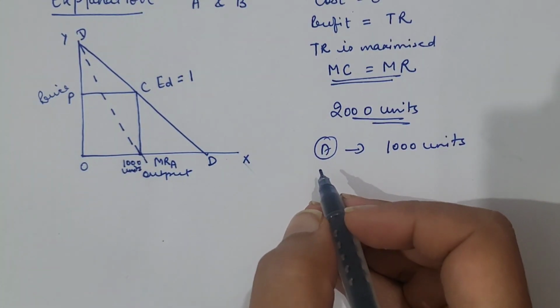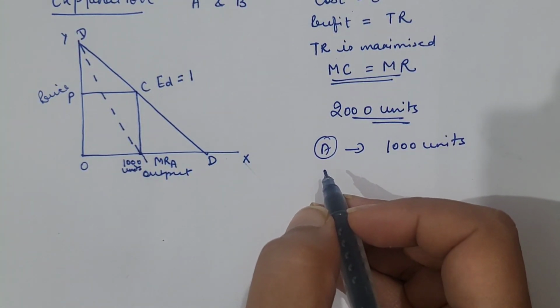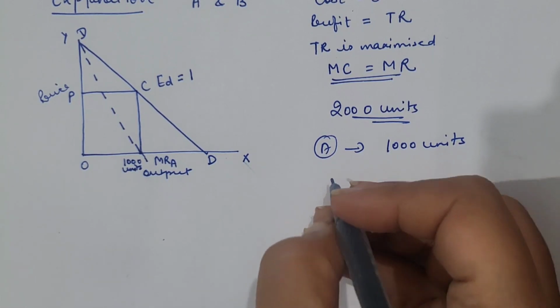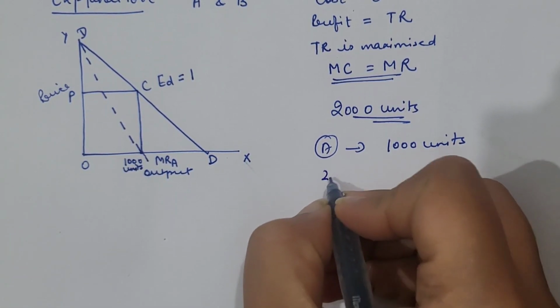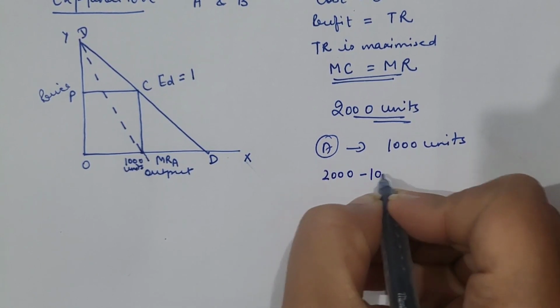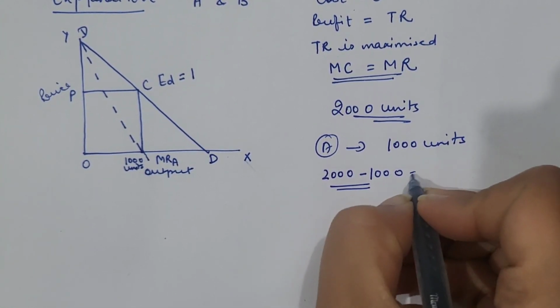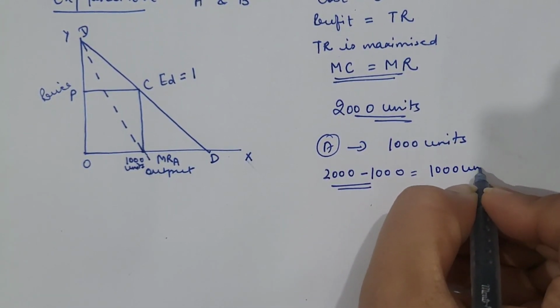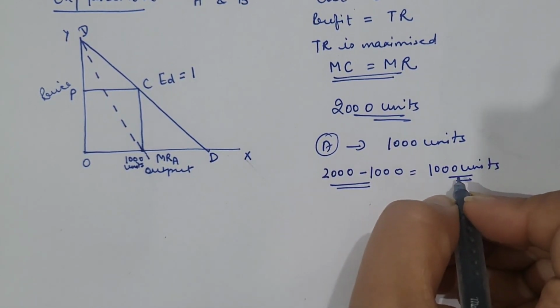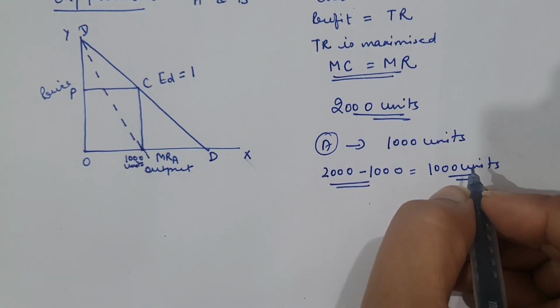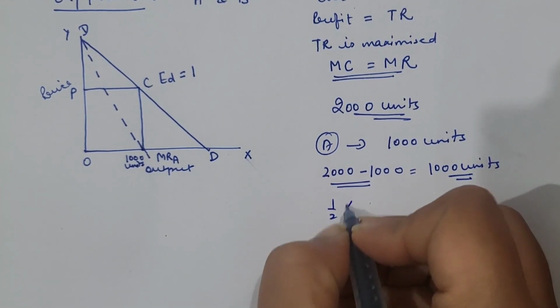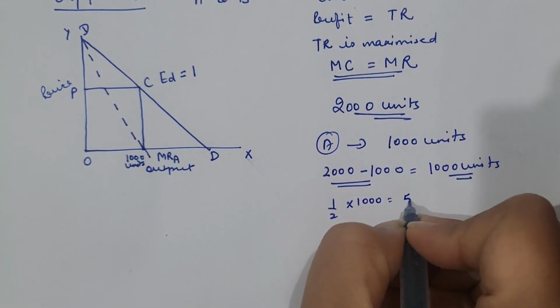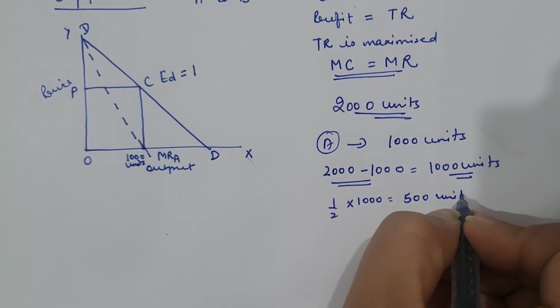1. Now it's firm B's turn to start the production. So it will assume that the left out production, means out of 2000 units whatever firm A's production is, left out units are 1000. So firm B will produce half of the quantity means 500 units.